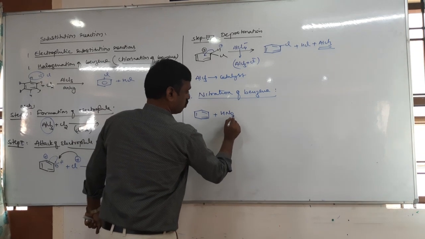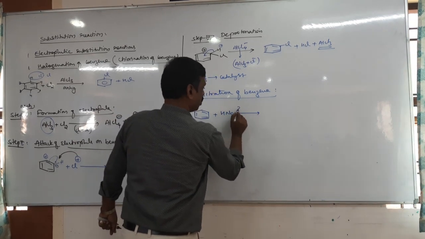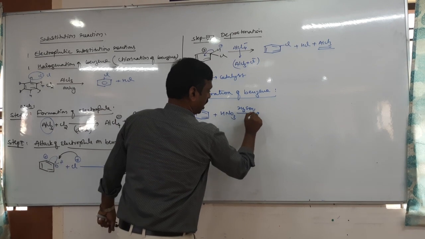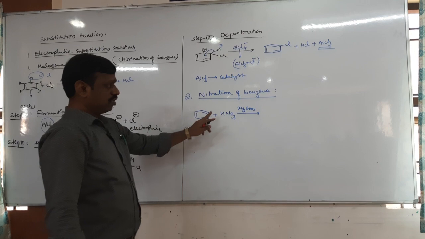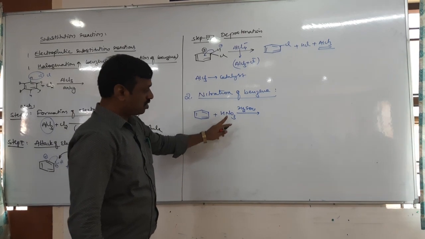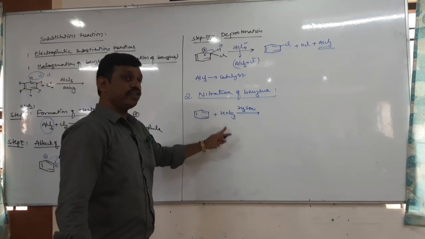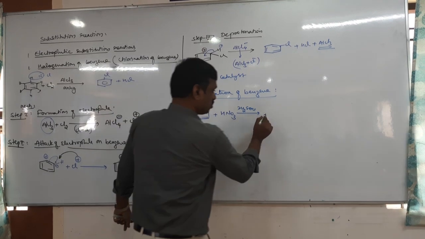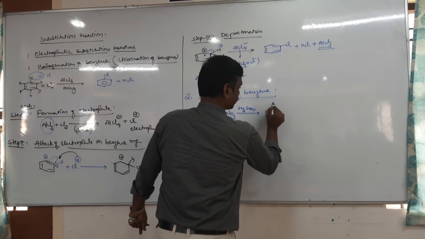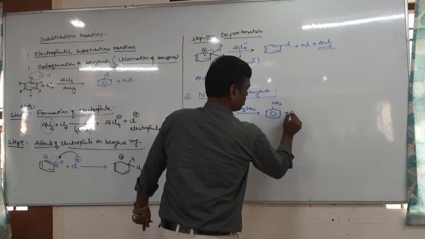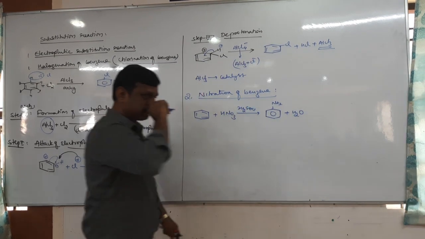Concentrated HNO3 and 2 moles of sulfuric acid. Remember the moles also. Benzene heated with concentrated nitric acid and sulfuric acid, which is called nitration mixture, forms nitrobenzene plus H2O.